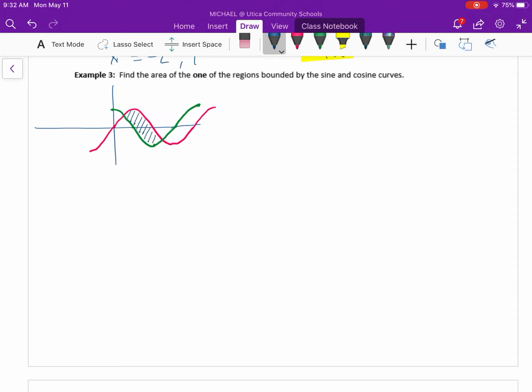So what they want is this area. And as you can see, if we just continue this on, those would be the same. There's a level of symmetry there. So they're all going to be the same. We just need to find one of them.